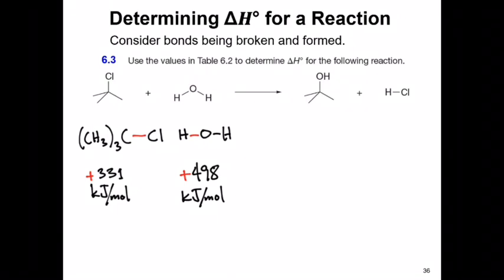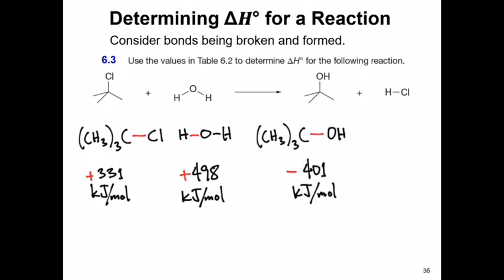And in order to form the bonds, energy is going to be released, which will be a negative value because it's an exothermic process. For tert-butyl alcohol, the formation of the bond between carbon and oxygen will release 401 kilojoules per mole of energy, whereas for the bond formed between hydrogen and chlorine, about 431 kilojoules per mole of energy is going to be released.